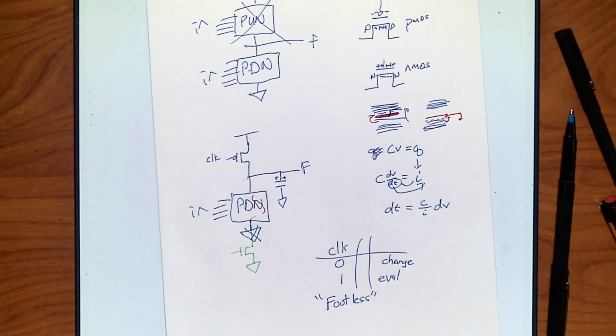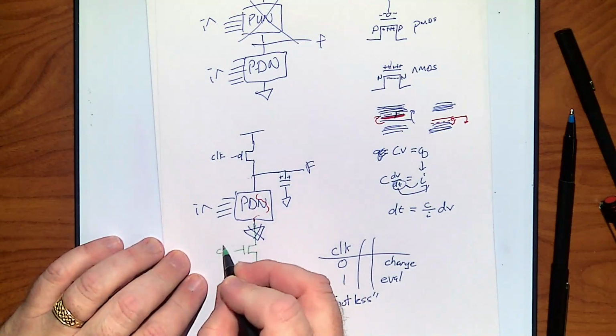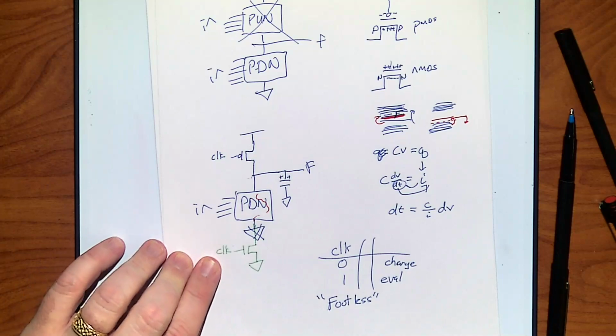So now we want to think on this one, right? For this one down here, when do I want this one off? When we're charging, which is clock equal to 0. And if I hooked clock here and it's 0, what's going to happen to this thing? This is an N. So if I put a bunch of minuses on here, hooking it to 0, I get a bunch of P's.